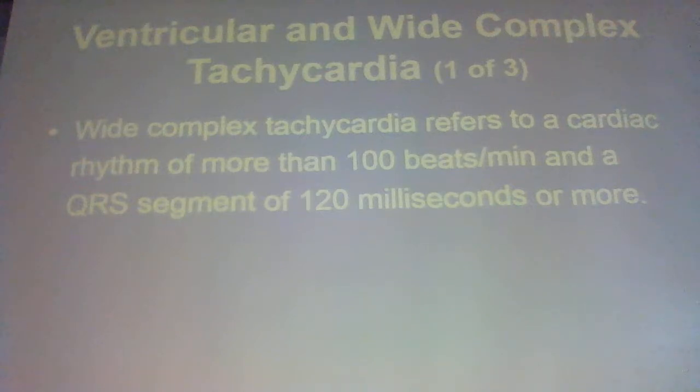Here's what I will tell you from clinical experience. If they're stable, like hemodynamically stable, it's probably SVT with an aberrancy. If they're not stable, it's probably VTAC as a general rule. But one of the ways we know how to help us identify that.